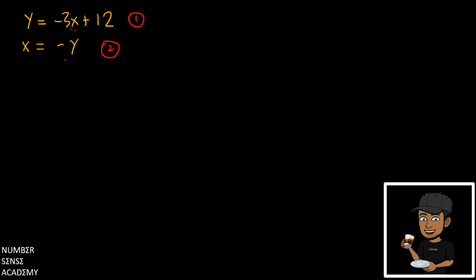I'm going to isolate for y in equation 2. And you're going to say, why would I want to do that? Because I want to show you something different. So if I do that, see, I have x equals negative y. I want y.